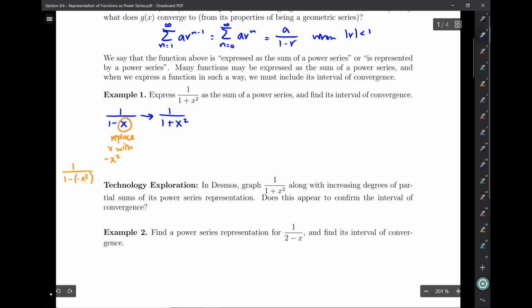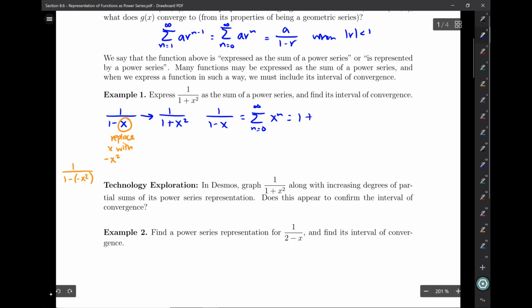Now I know that if I look at 1 over 1 minus x, this power series is x to the n. Now I'm going to do two different things. I'm going to be representing these power series in their expanded form with the pluses and the dot dot dots, and then in the more condensed form with the sigma notation, just so we can play around with both of them and see how these manipulations affect them either way.